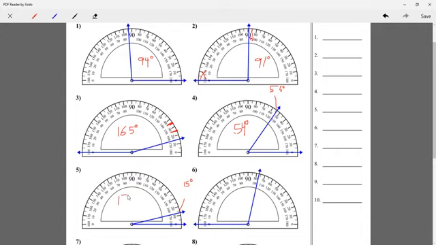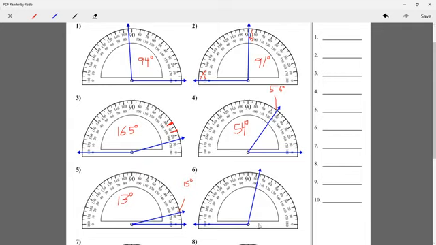So I would say that's about 13 degrees, right? Because it's a little closer to 15, but it's not close like this one or this one, right? So it's a little further away, but it's closer to 15, so I would say it's about 13 degrees.